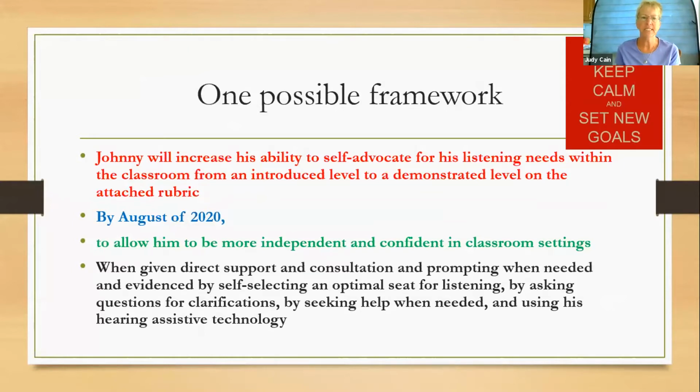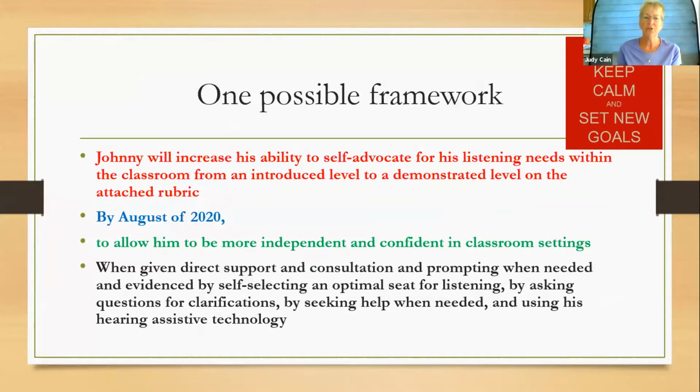Johnny will increase his ability to self-advocate for his listening needs in the classroom from an introduced level to a demonstrated level on the attached rubric by August of 2020, to allow him to be more independent and confident in classroom settings.